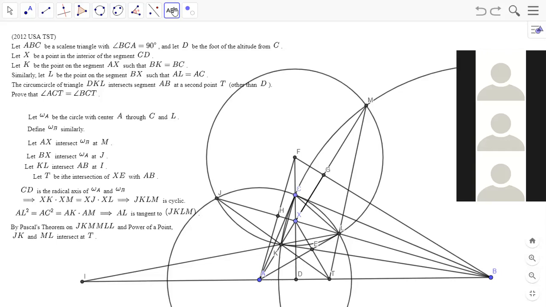Oh yeah. I think AB is the polar of X. Is it obvious that AB is the polar of X?